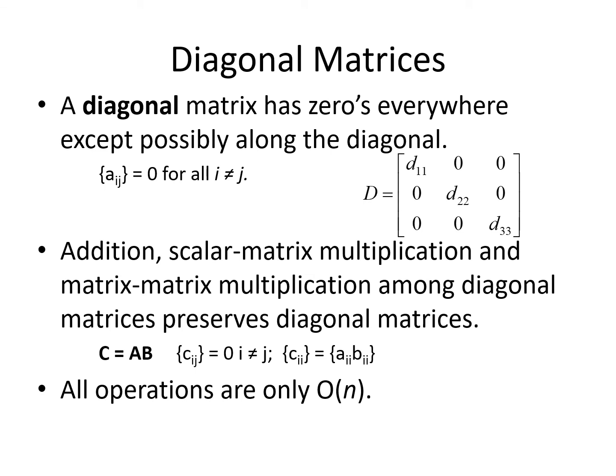Next type of matrix is called a diagonal matrix. A diagonal matrix is such a matrix where there exist only diagonal elements. Off diagonal elements are all equivalent to 0. Right? So here is the example. You see D equals D11, D22, D33.